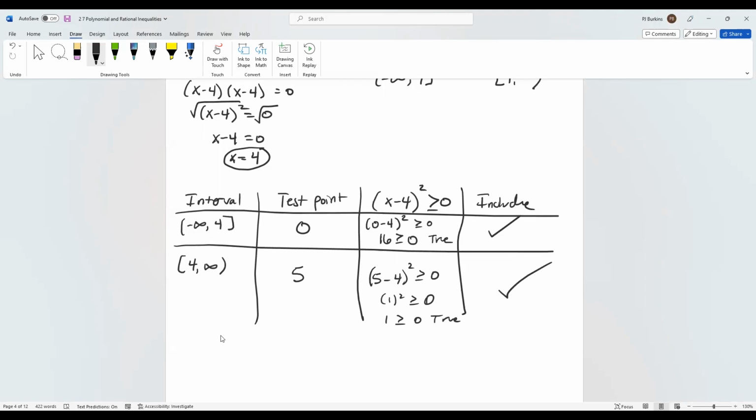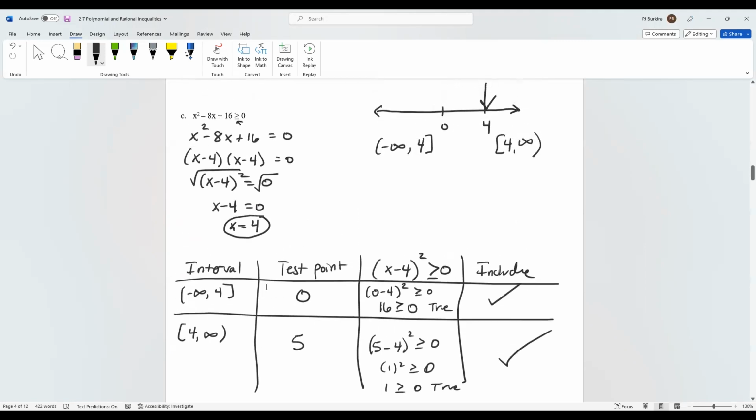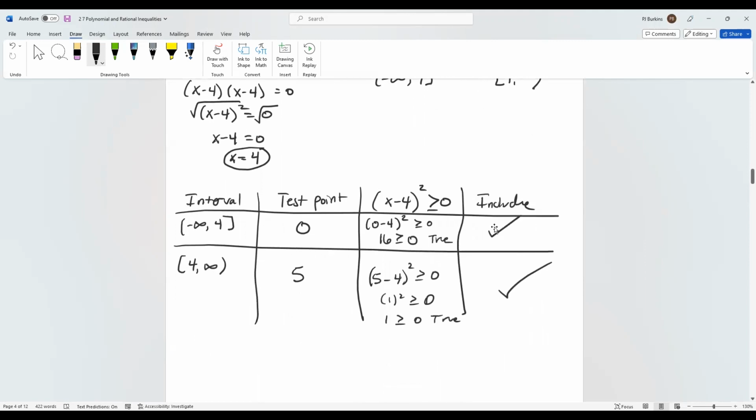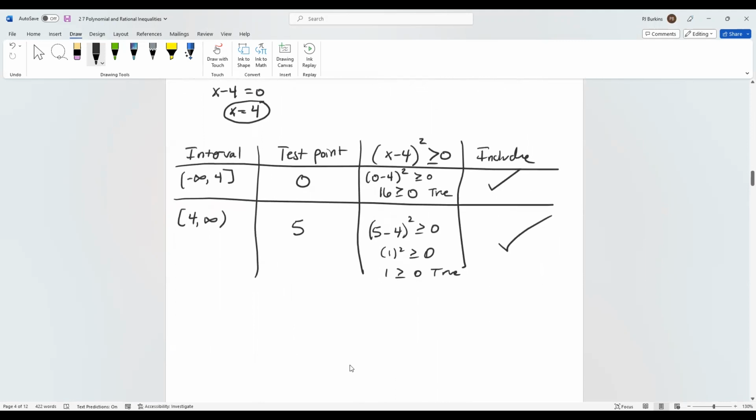So where would this really be important? Well, because this inequality is greater than or equal to, and both of these seem to be included, then we can just say the solution set is -infinity to infinity.